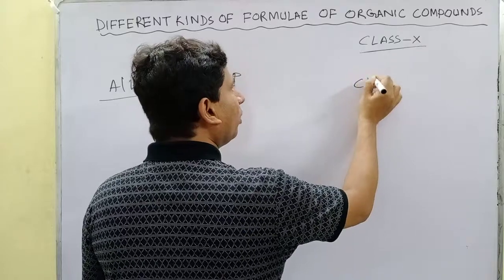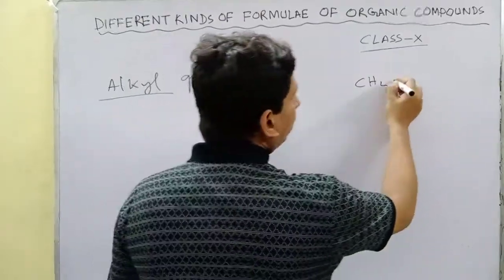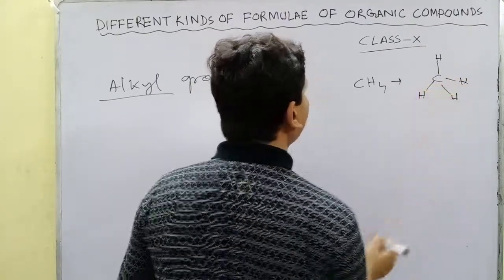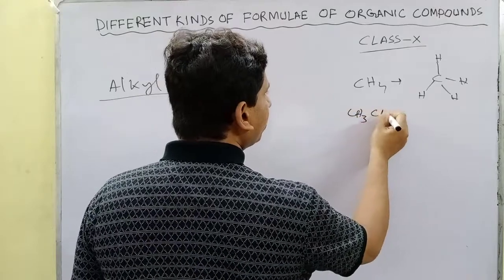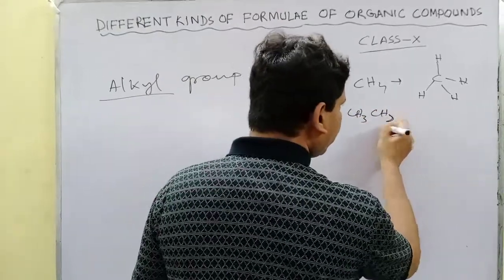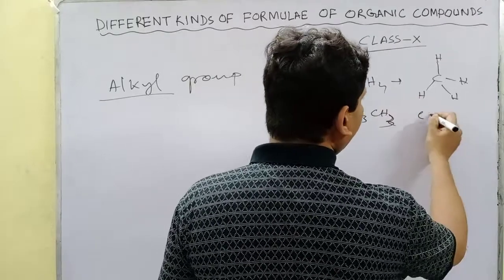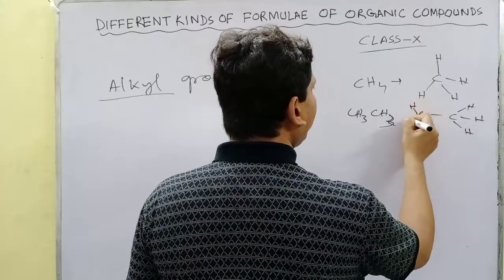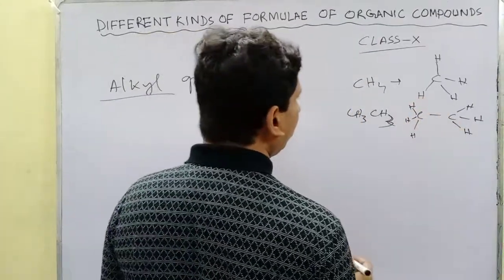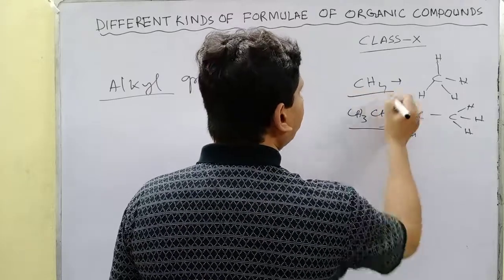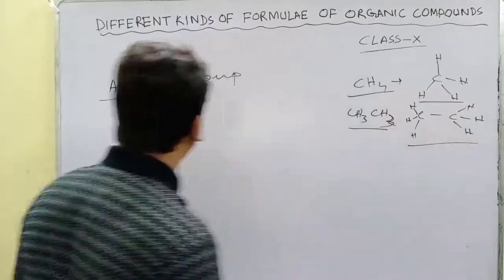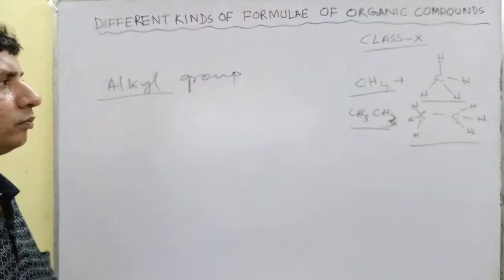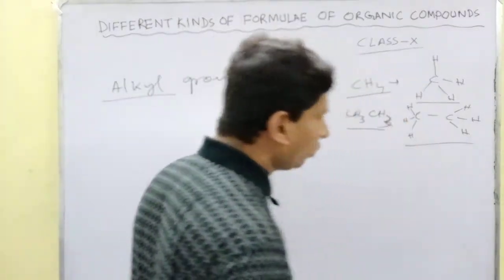So this is methane. This is the structural formula. This is CH3 CH3, this is ethane. This is the molecular formula, this is the structural formula. Now this is the alkane, no problem.